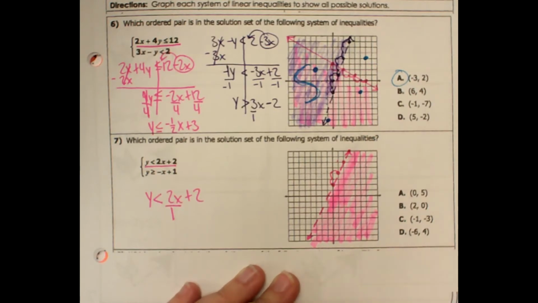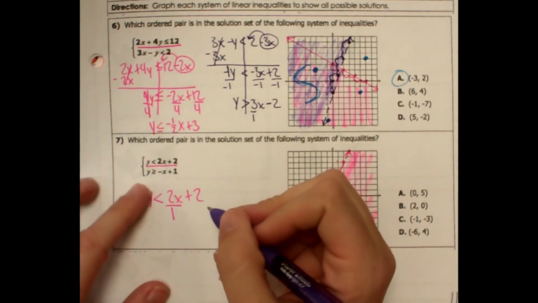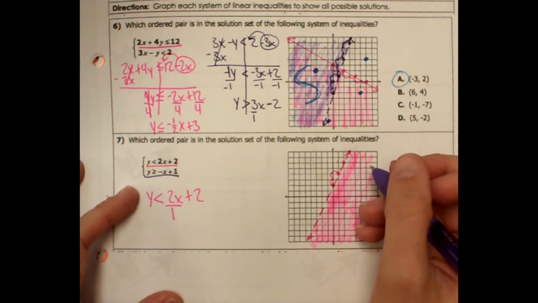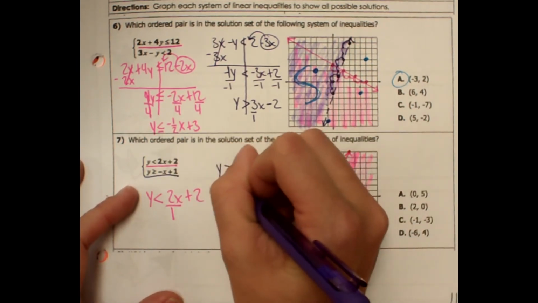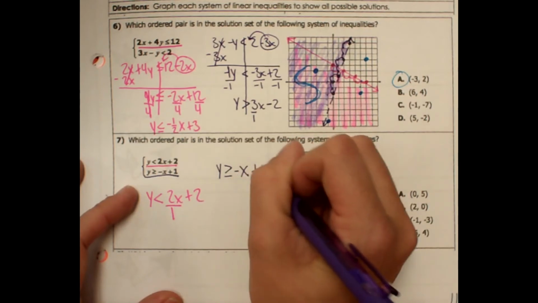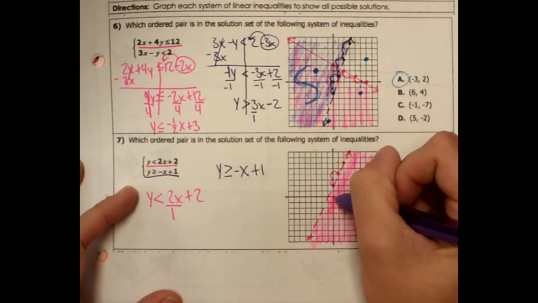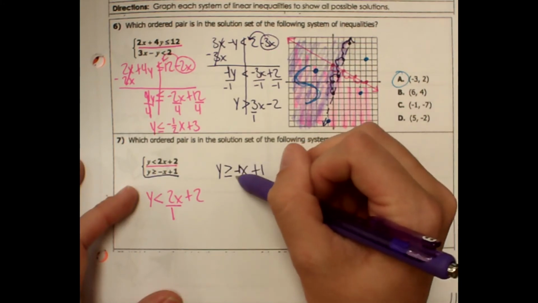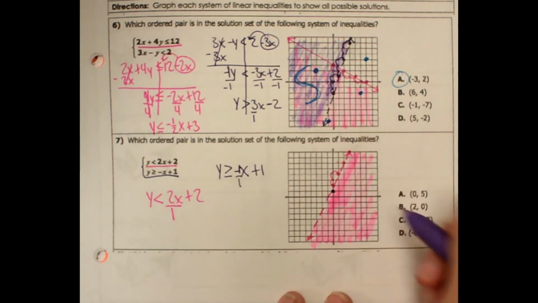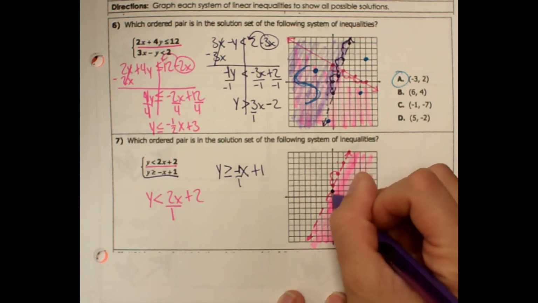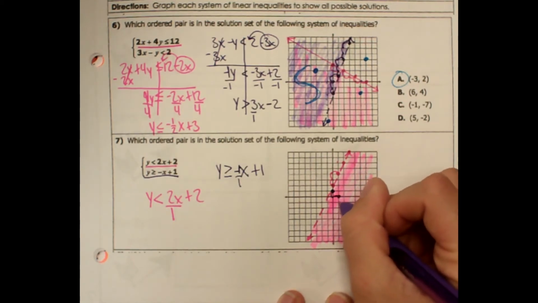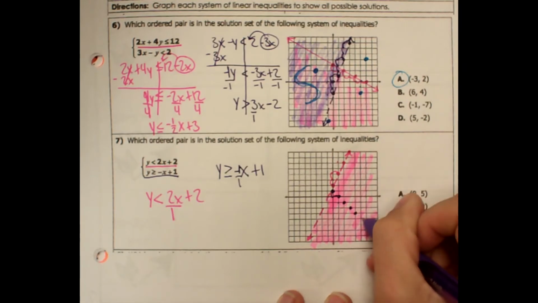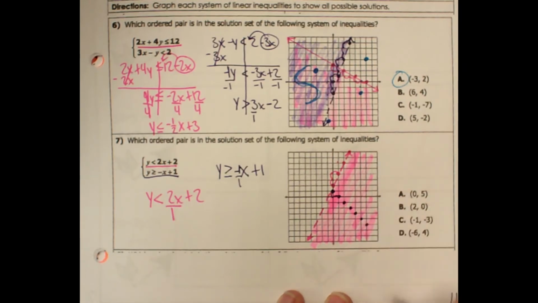So let's do our second line. y is greater than or equal to negative x plus 1. My y-intercept will be 1. Your slope is negative 1 over 1. Since it's negative 1, I'm going to go down first, then over, down and over 1, down and over 1. So the slope is negative 1.